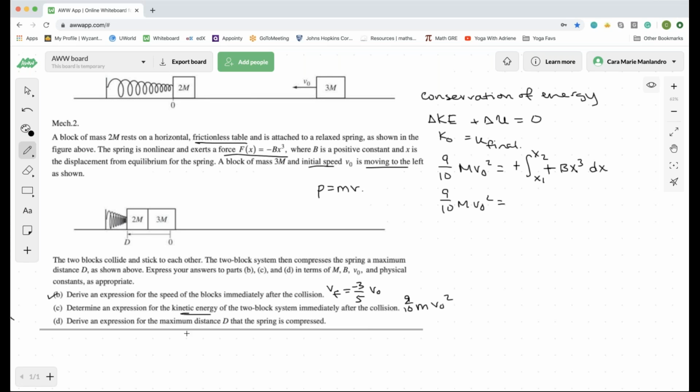They gave you definite bounds: you would start from 0 and you would end at D. So here you were given a definite integral using the bounds that they gave you. It's another good question. Then we have 1/4 bx to the 4th from 0 to D.